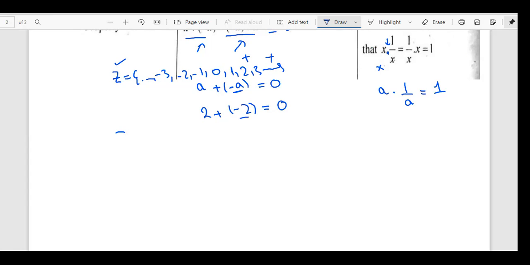The additive inverse of any number in case of addition is the minus version of that number, right? If 2 is the number, minus 2 would be its additive inverse. If minus 2 is the number, 2 would be its additive inverse, right? Then if I talk about 10, minus 10 would be its additive inverse. Okay, so we are clear with this part, right?